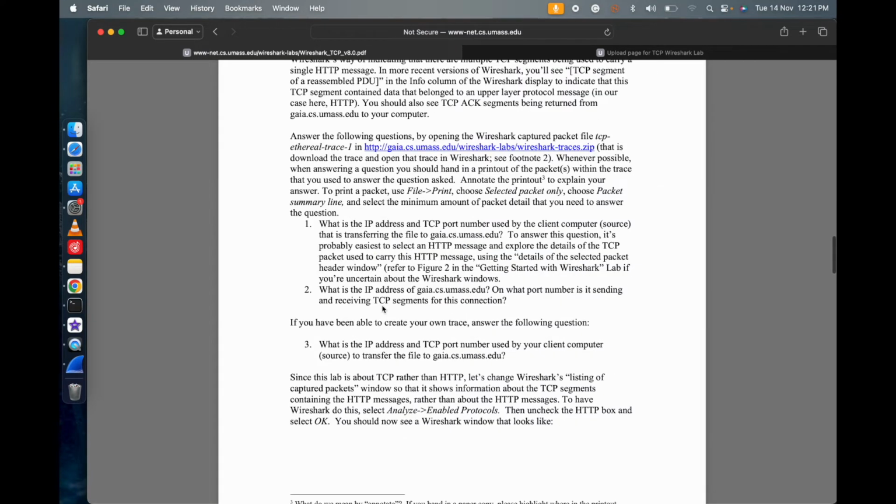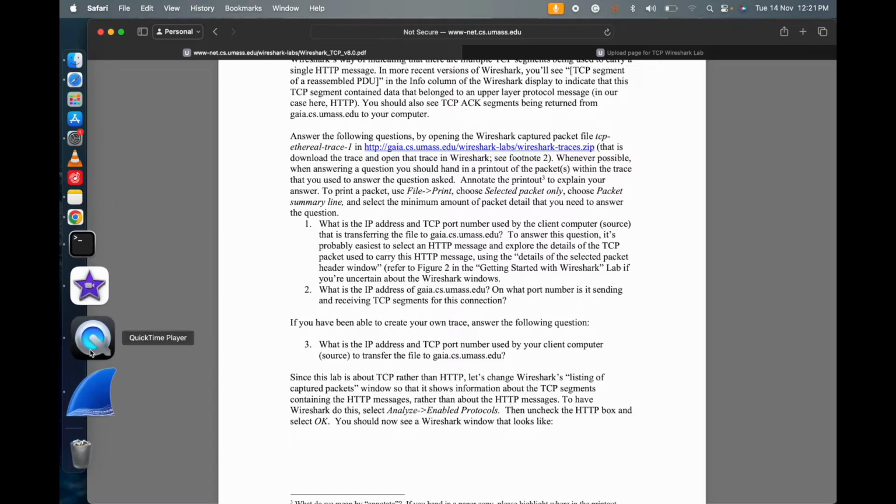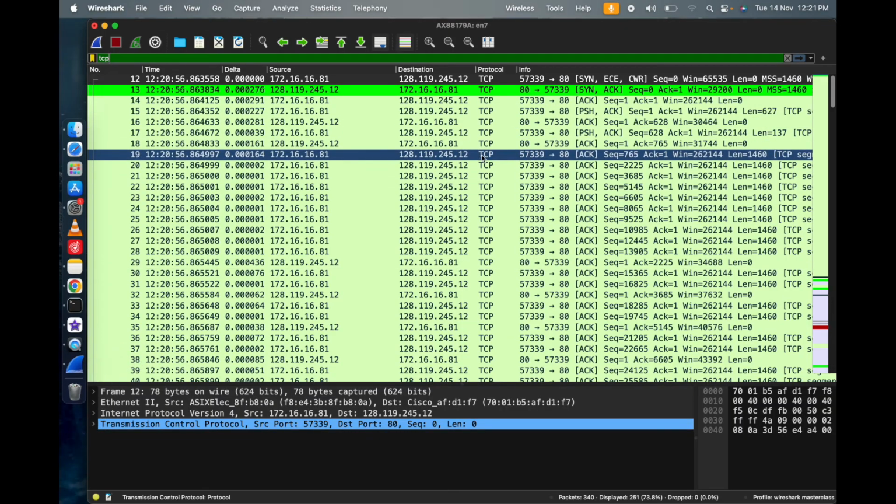For that, in the previous videos we have installed the Wireshark traces zip file, right? So once you have completed this, you have captured the TCP packets.